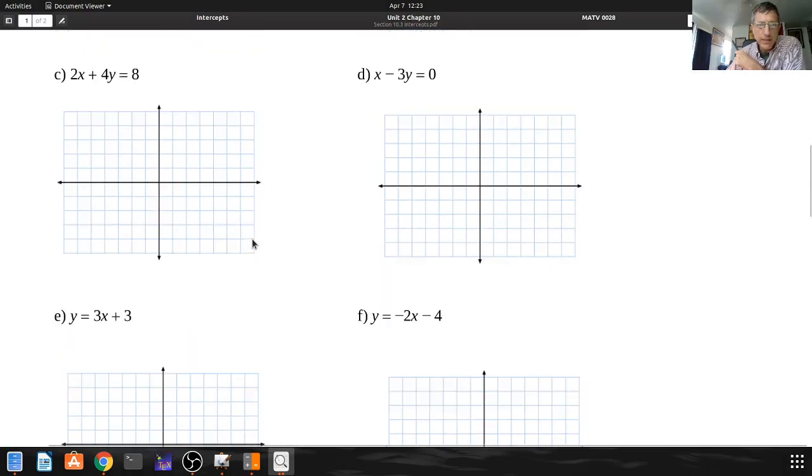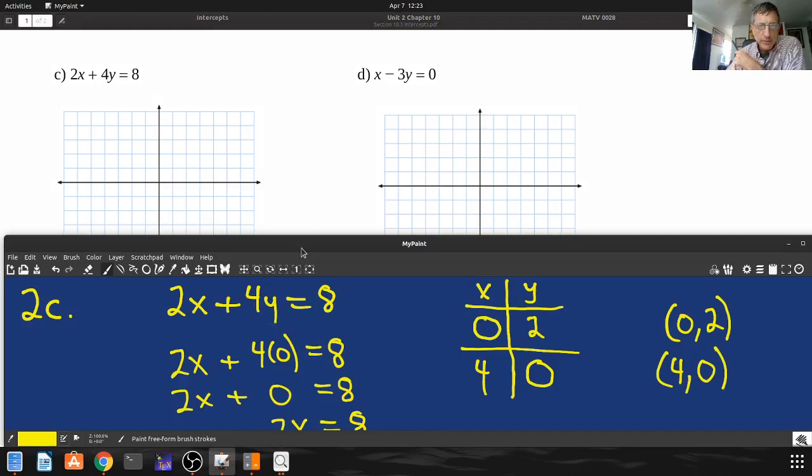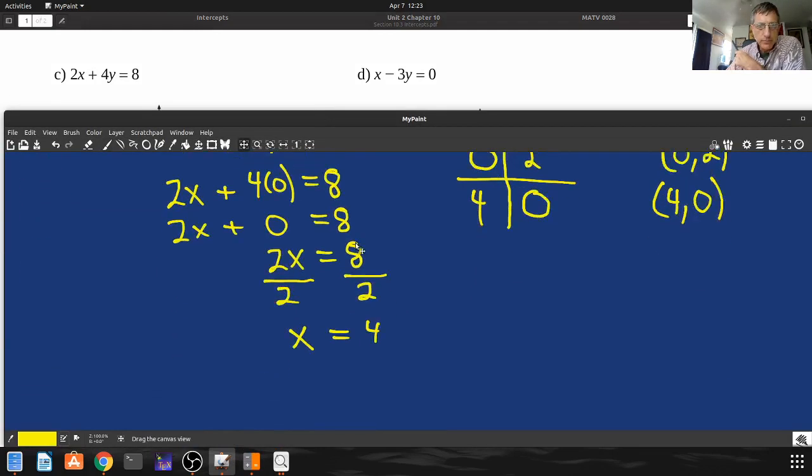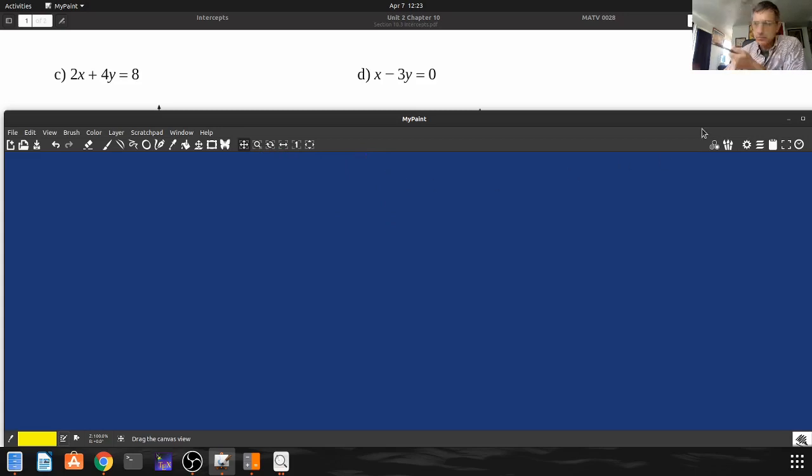I guess we need to do D, E, and F. So notice in every case right now we've been really lucky. None of our lines have gone through the origin. So this is 2D.